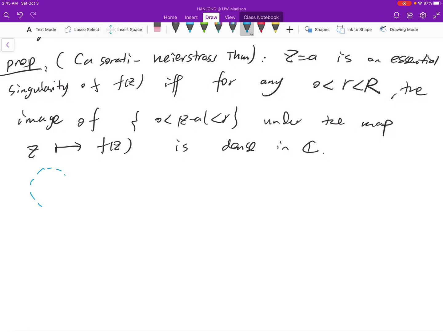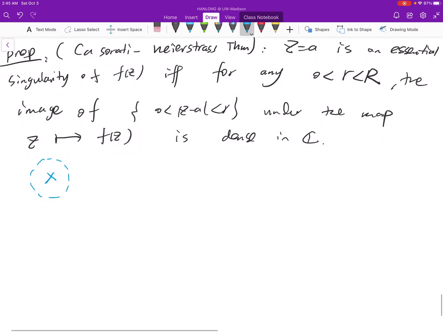So I would like to draw a picture. That picture means that if you have essential singularities, then you cannot predict any information from the essential singularity.